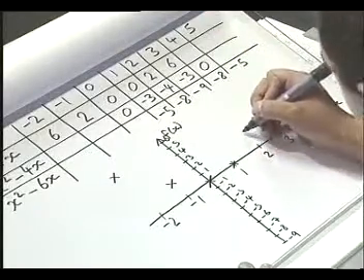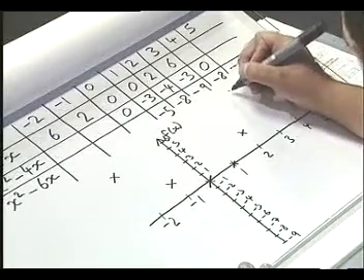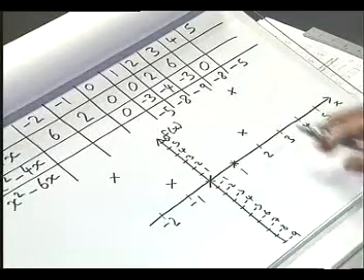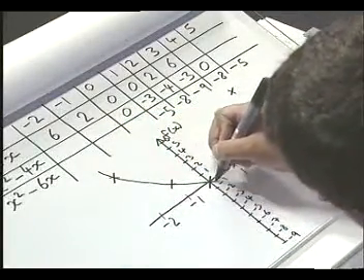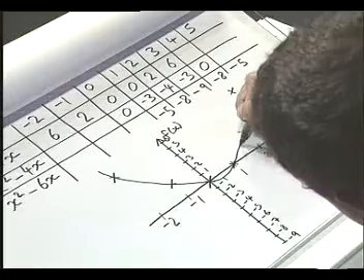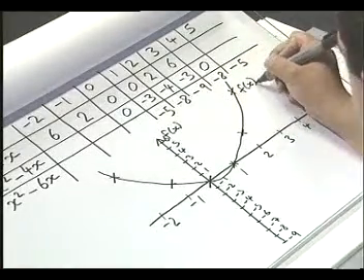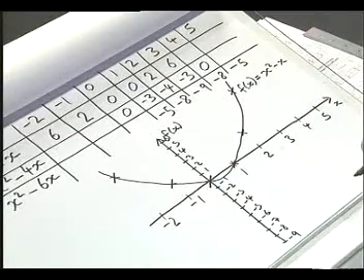We've got 2, 2. And 3, 6. And as we expected, you can see we can join the points up here to make a smooth curve, which will be a parabola. So this is f of x equals x squared minus x.